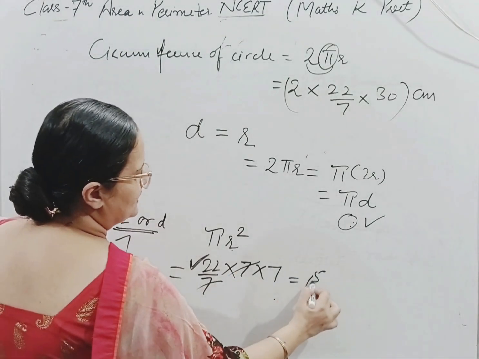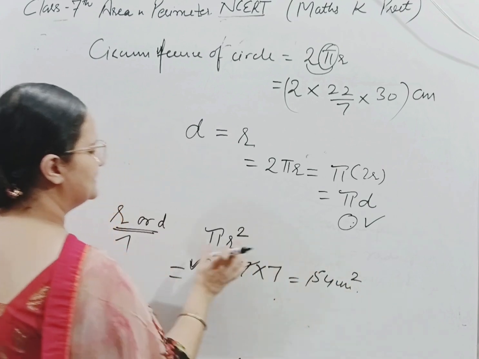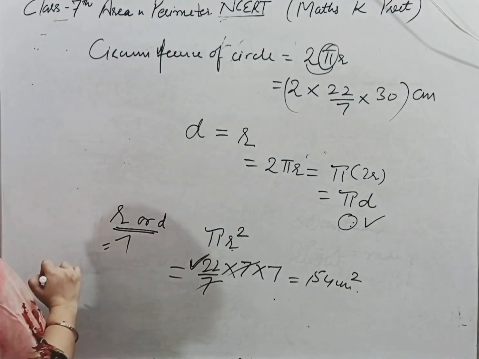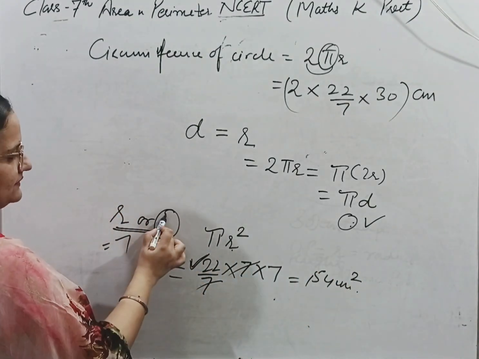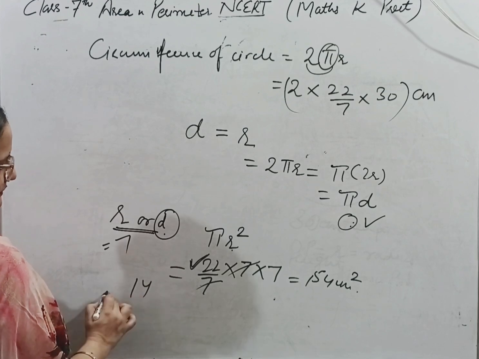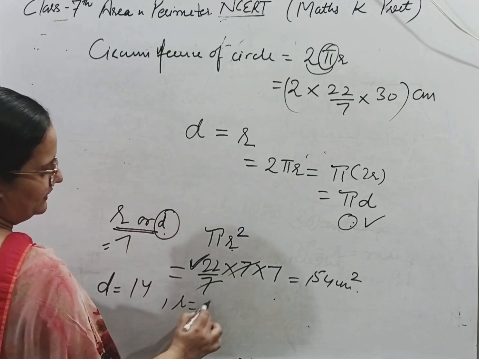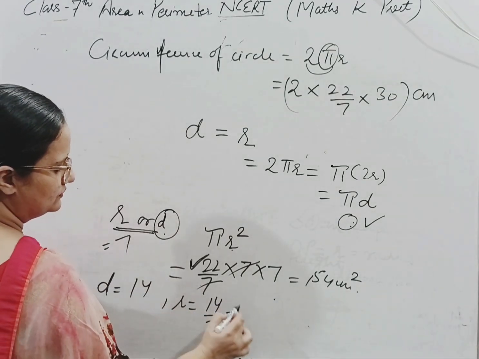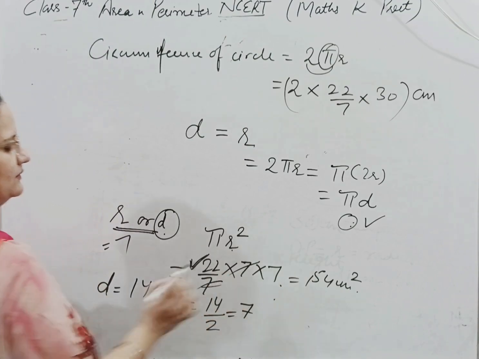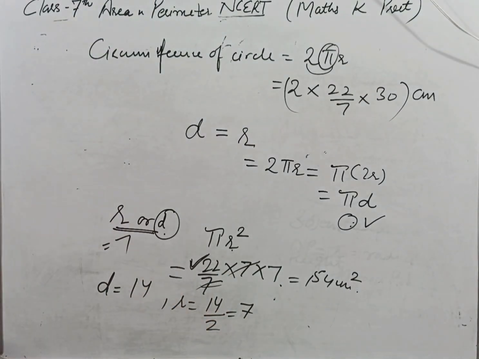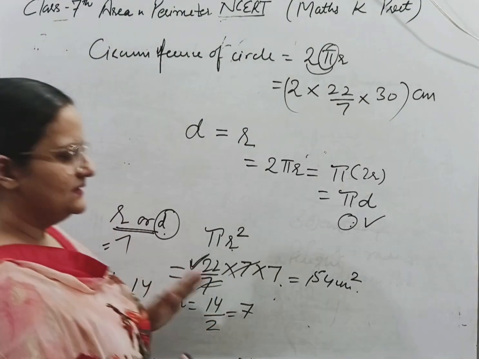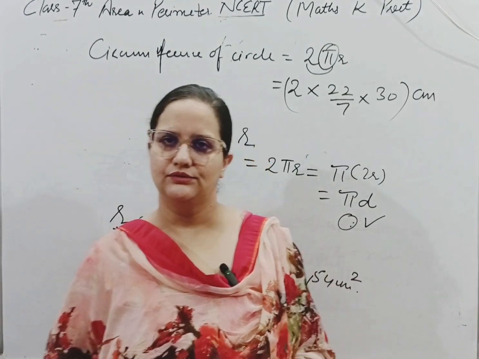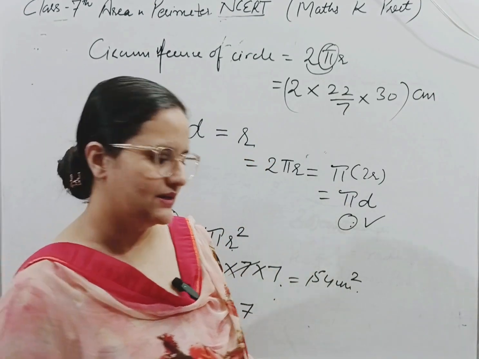So this will be my answer for the area of the circle with radius 7 centimeters. If the diameter is 14, I can calculate r by dividing by 2. So I'll get 7, and then by putting the values in the formula, I can get the area. Such questions are very easy to do. You can just put the values and get your answer.